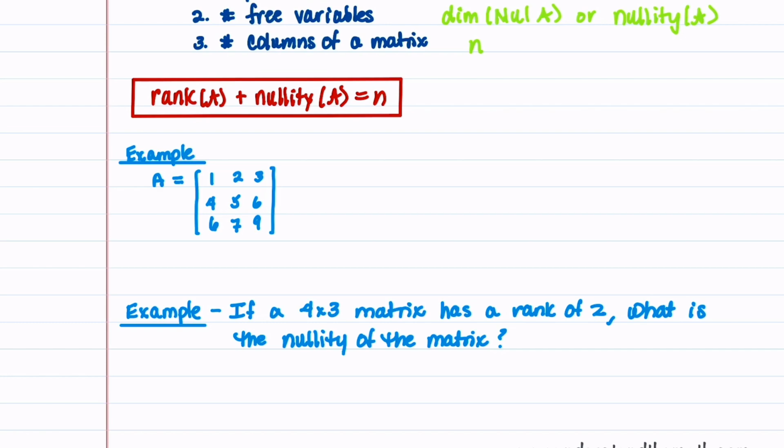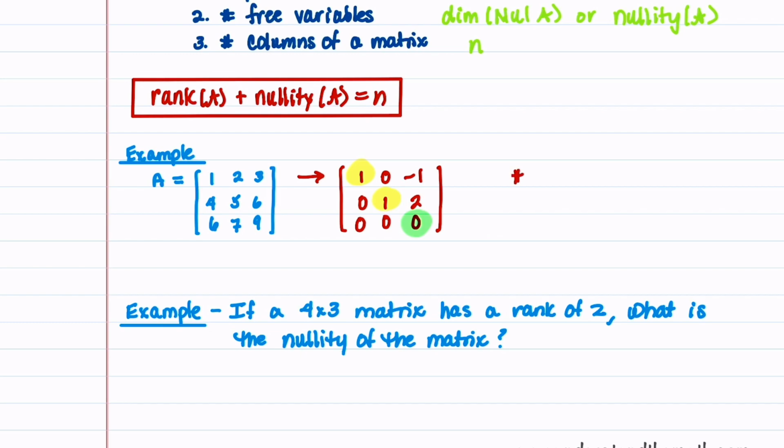I'm going to use this first example to show you how the rank theorem works. This is the matrix we've been working with. Let's write down what it looks like in echelon form. I'm going to highlight our pivots in yellow, and I'm going to highlight the column that we get our free variable from in green.